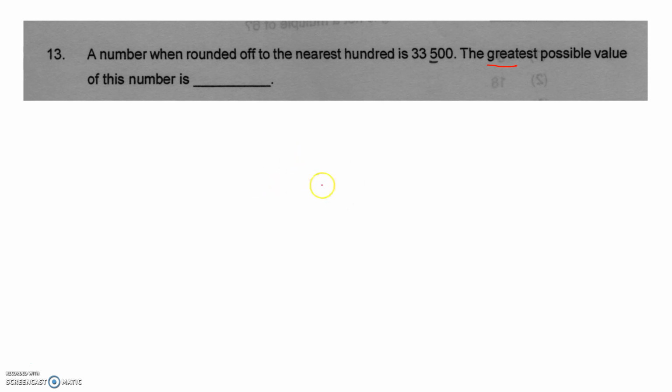So always draw a number line. Now I draw for you 33,500. Now this is a number line. We are going to round off to the hundreds. So when rounded off to the hundreds it is 500. This will be the very important figure.